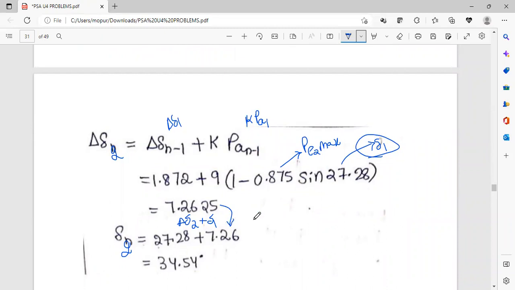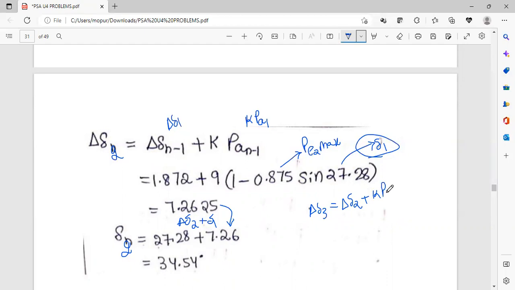Now, if you want to find del 3, what is the next third iteration, del 3, what you should do? Del 3 is equal to del 2 plus k into PA2, where k value remains the same.